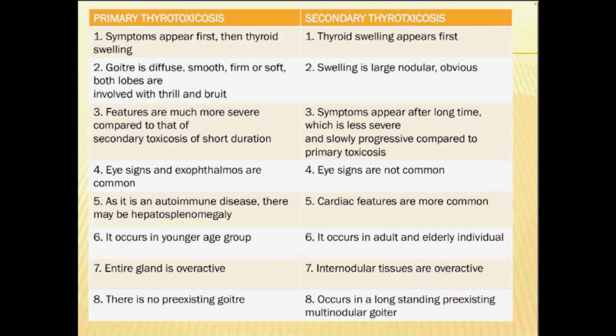As I said already, eye signs and other features of hyperthyroidism will occur first in primary thyrotoxicosis. It can also occur in secondary thyrotoxicosis, but at relatively later stages. As primary thyrotoxicosis, that is Graves' disease, is considered an autoimmune disease, it can be associated with hepatosplenomegaly, and the patient also has a higher risk of developing other autoimmune diseases.